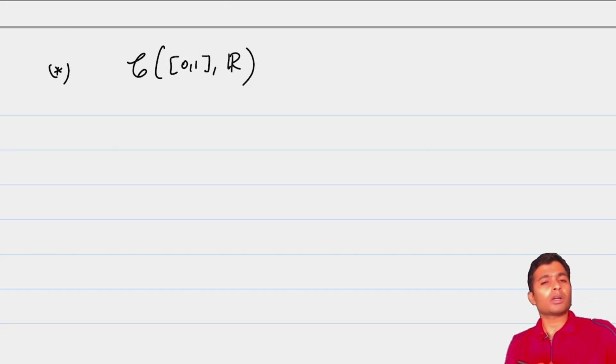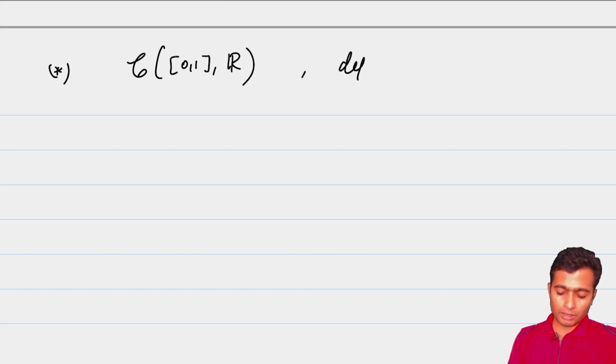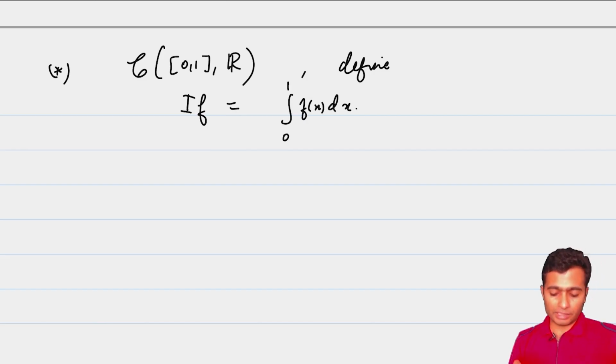Okay, how about some other examples? So example 2, maybe C[0,1], the space of all continuous functions on the interval [0,1], and we define I of f, the integral of f, to be the integral from 0 to 1 of f(x) dx. And we had checked, or rather we assumed from the knowledge of a real analysis course, that this is going to be a linear transformation.